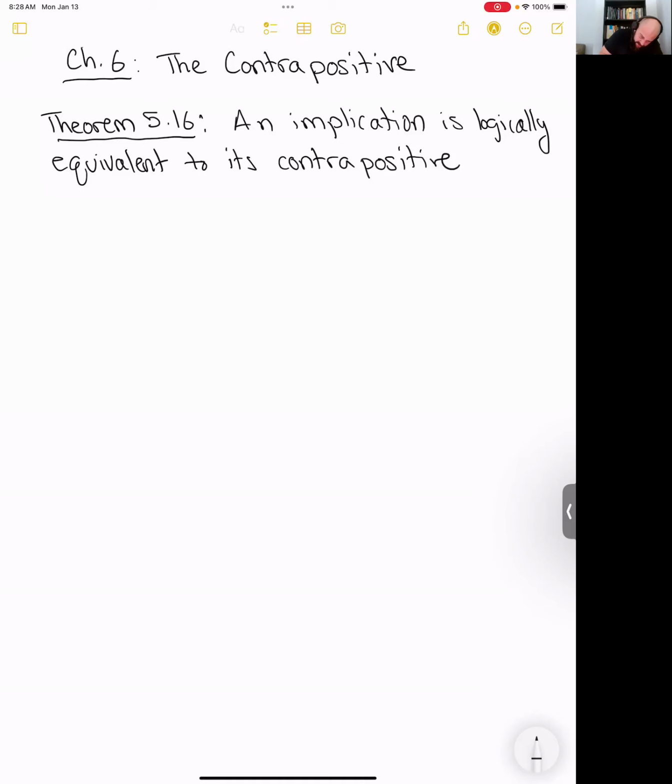And then in symbols, that's like saying if P implies Q is logically equivalent to not Q implies not P. Okay, good.